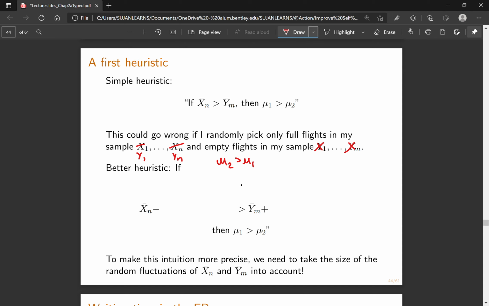We'll subtract the buffer from x, which is one side of the equation, and we'll add the buffer, the margin, on the other side.